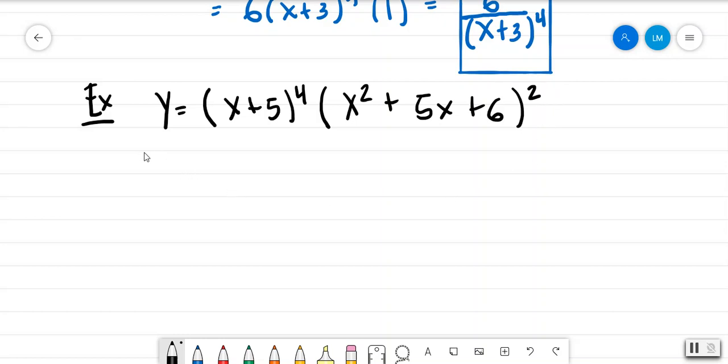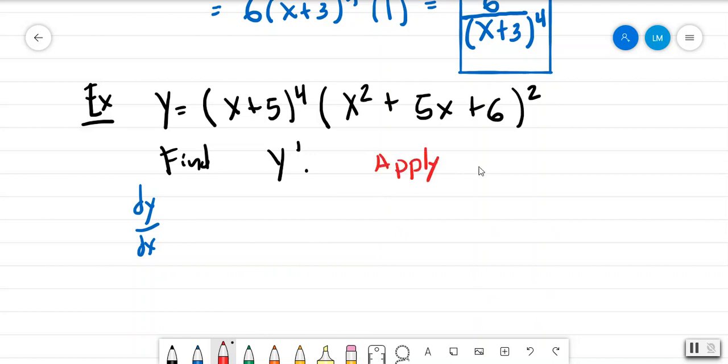If we want to find just the first derivative, y prime, we can do that because this is just product rule. So we just need to apply product and chain rule.